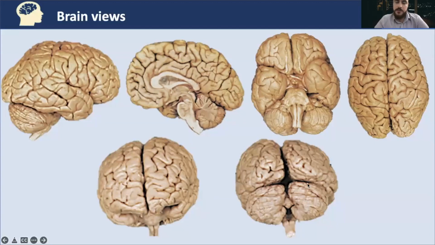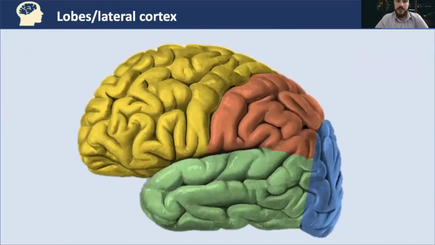So different views, whether it is a cadaveric view or radiological view, we can get orientation to that in the next few minutes. So first of all, let's review the main four lobes of the brain: the frontal, the parietal, occipital, and temporal.